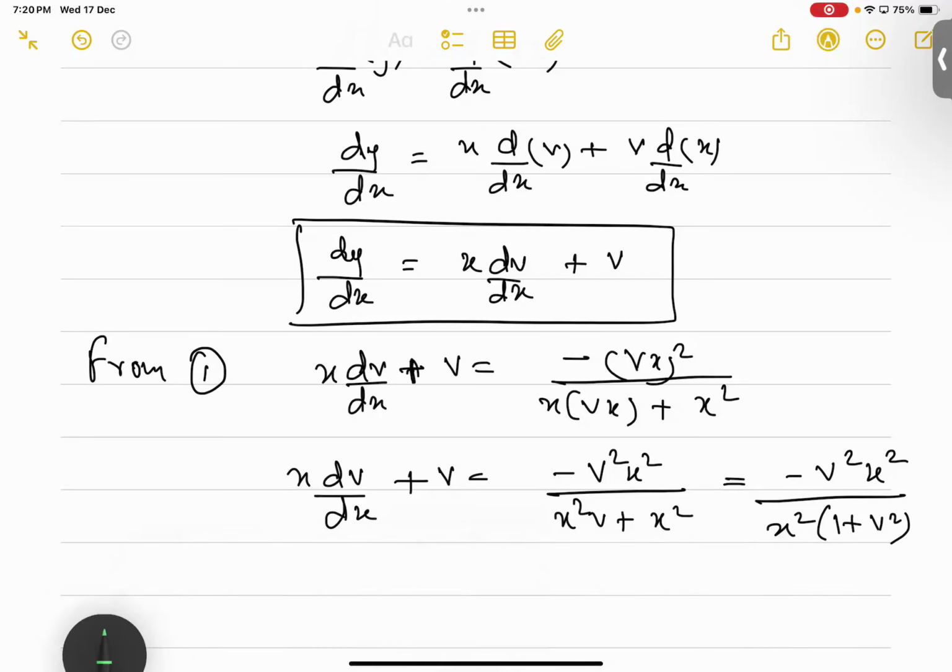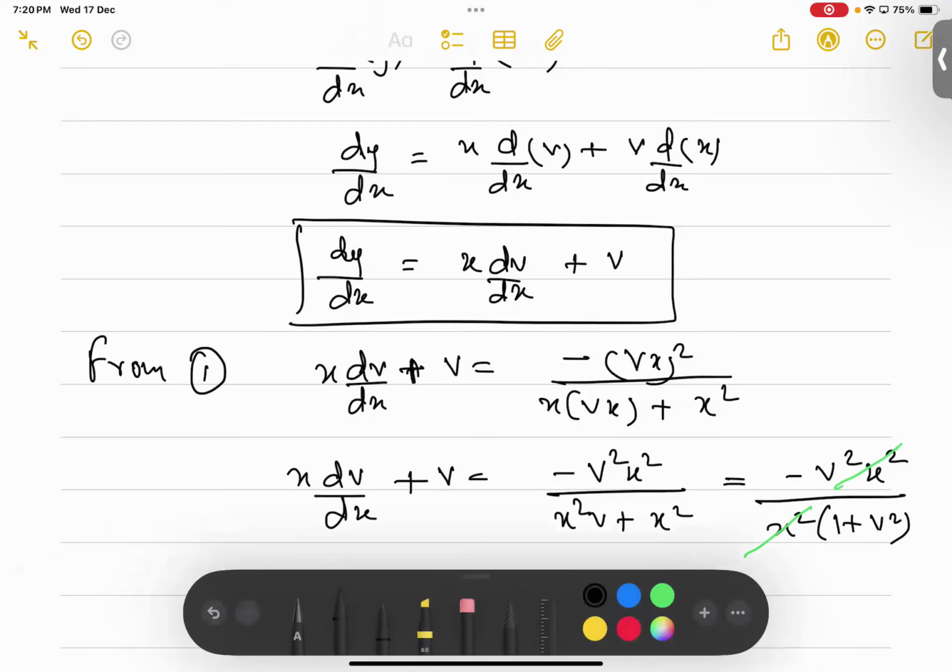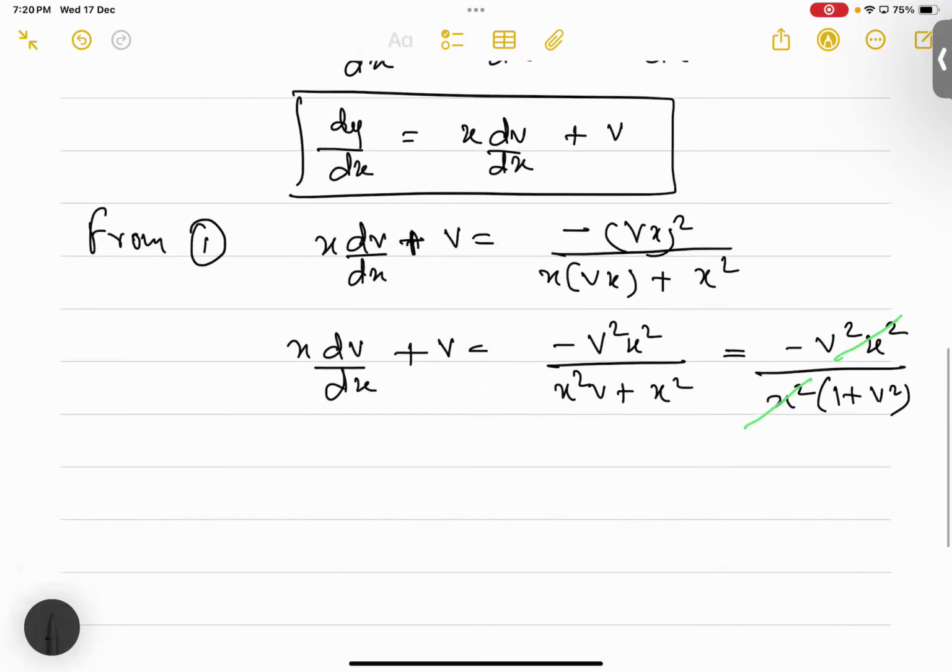Okay. x square gone. Okay. So x dv by dx, take plus v on the right hand side. It will become minus v. Do you agree? I think this is wrong.